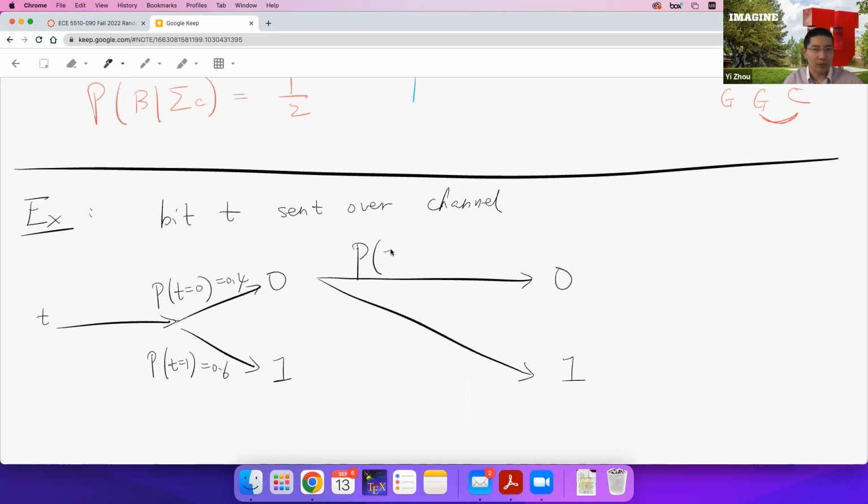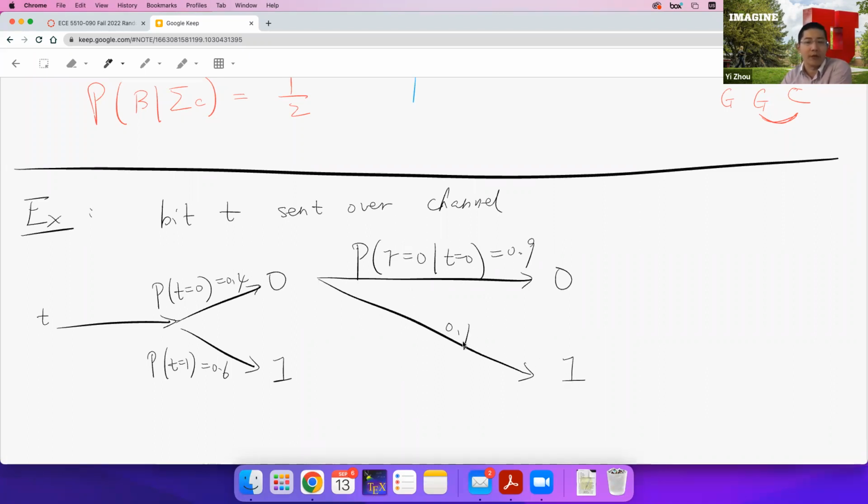Here's how we describe the channel. We denote the received bit as R. If the transmitted message is 0, then conditioned on this case, the probability that the received message is also 0 is 0.9. That means if we send out a 0, we have a 90% chance to get the right message. The other case is 0.1: we are sending out a 0 but we receive 1.